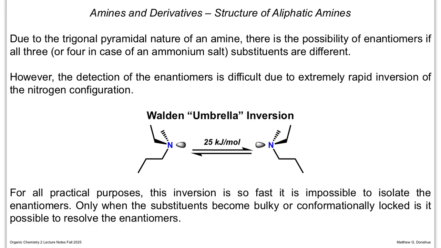One thing that is unique to nitrogen, due to that trigonal pyramidal geometry: if you look at the structure shown in the middle there, the nitrogen atom has 3 different substituents. You have methyl, ethyl, and propyl. Then you have your lone pair.